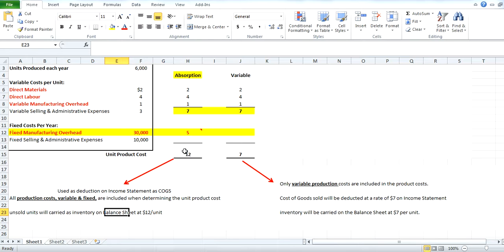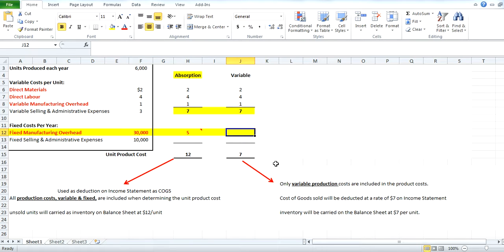And if you have a keen insight and understanding of cost accounting, you'll know that the $5,000 difference is because under the absorption costing method, you're actually inventorying some of the manufacturing overhead, whereas under the variable costing method, we're just taking it as a period expense.